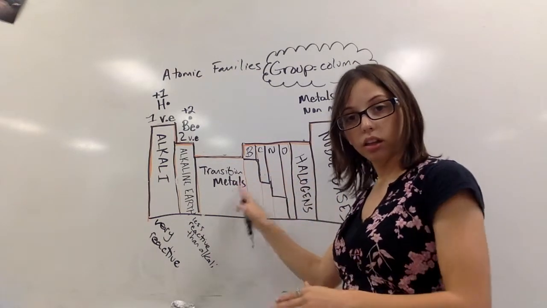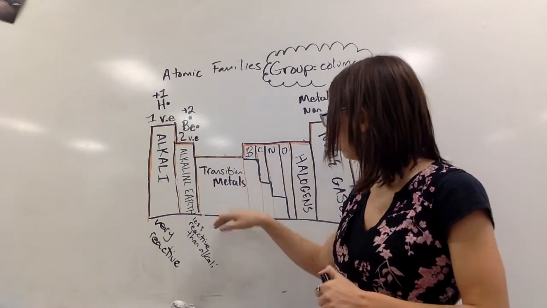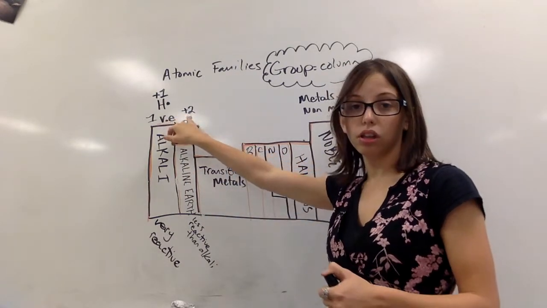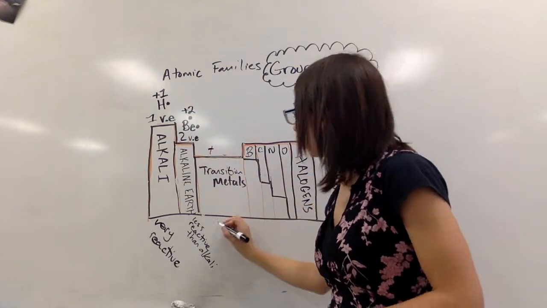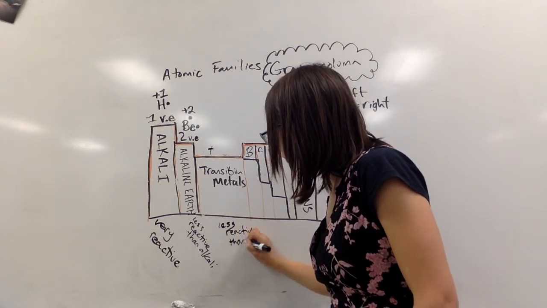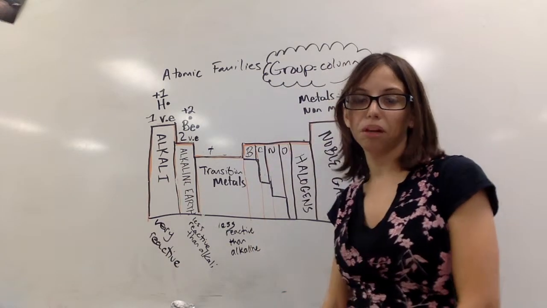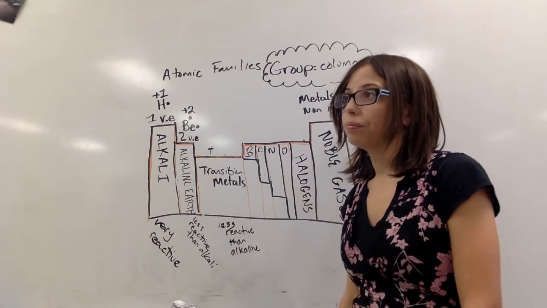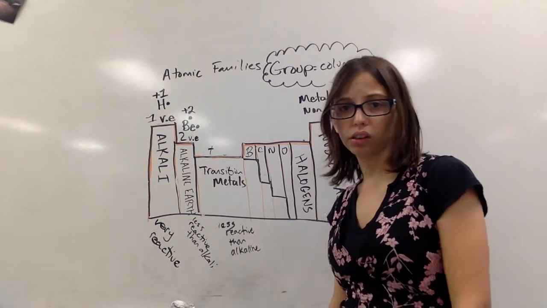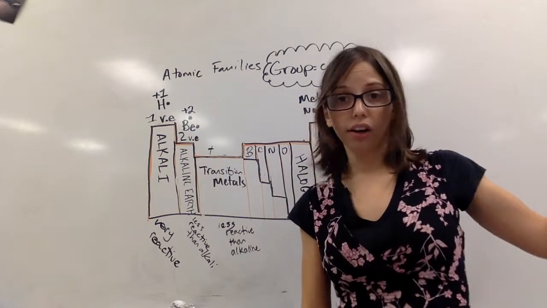We don't get into that in our particular course, but if you need to, seek your instructor for that. They are metals. Because they're metals, they are going to lose electrons and become positively charged. And they are less reactive than the alkali metals and the alkaline earth metals. So we know things like iron, if you leave a bar of iron out in the elements, no pun intended, it will rust.